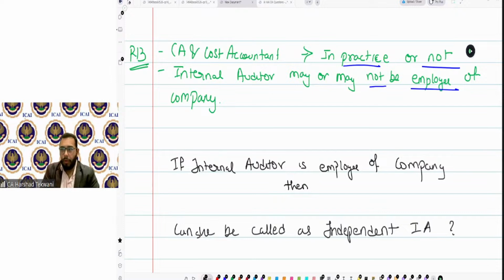Come on, guys. What about the independence if they are the employees? Okay.